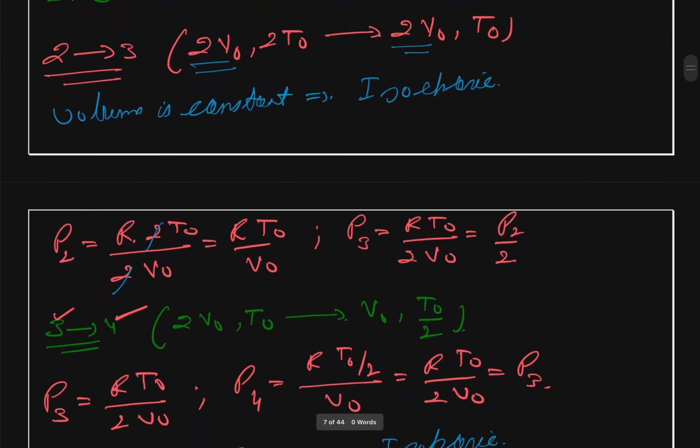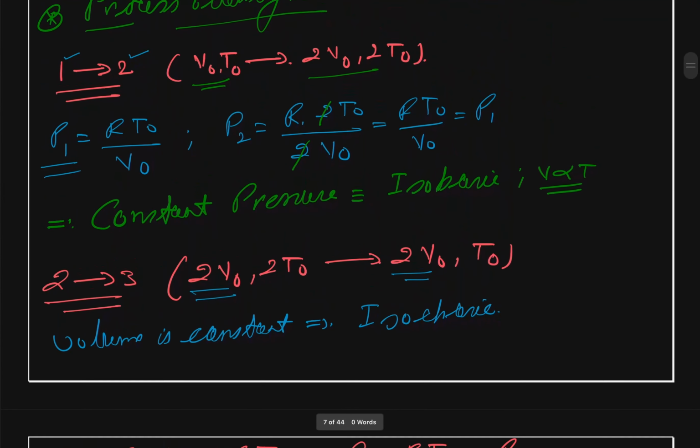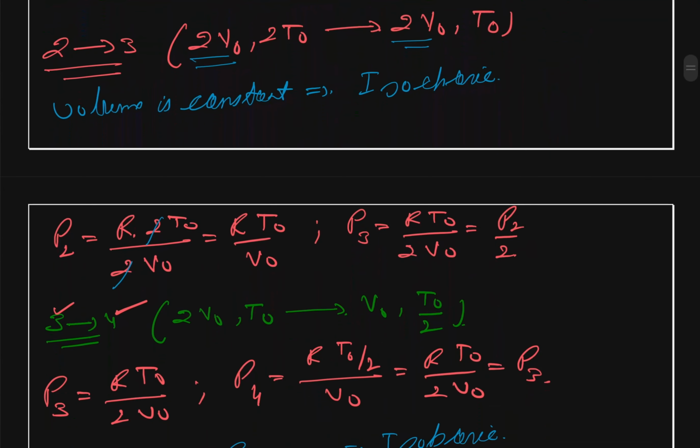The work done in an isochoric process will be equal to 0. So the work done in 2 to 3 will be equal to 0, because the basic formula for work done is the integration of pressure times the volume derivative.